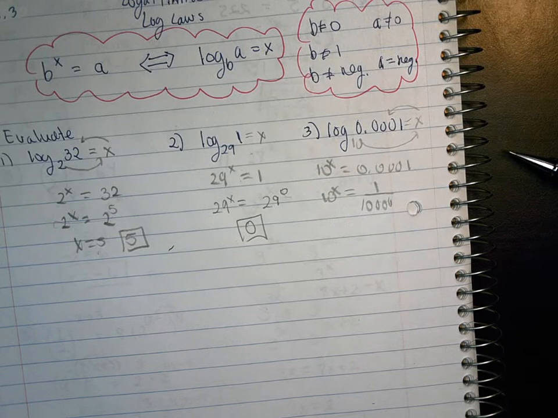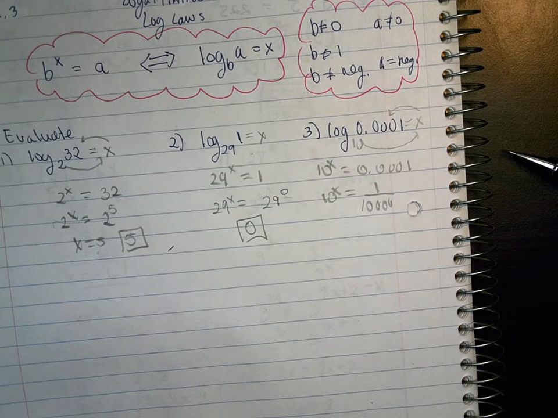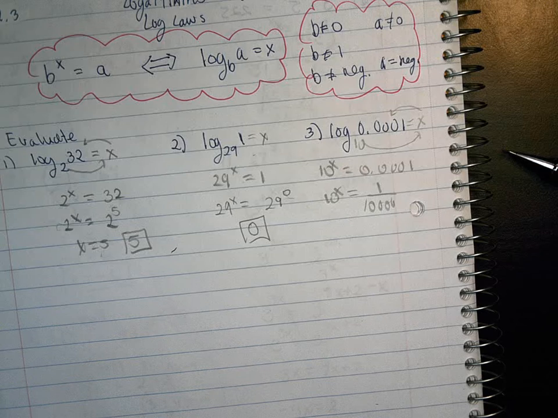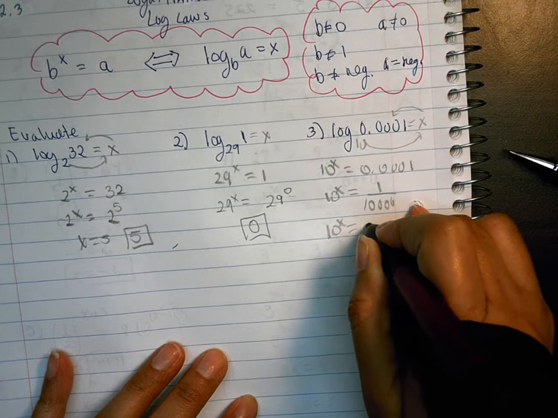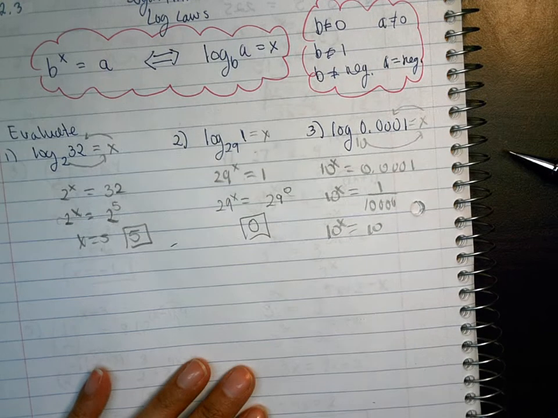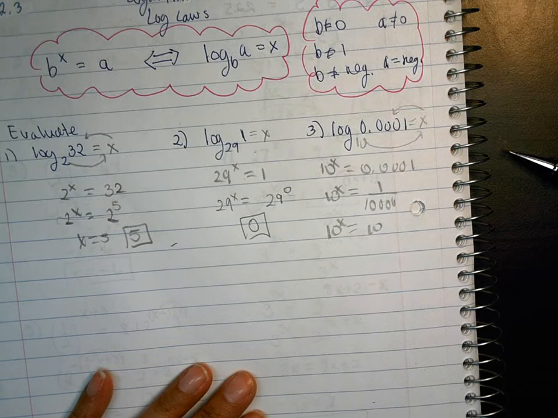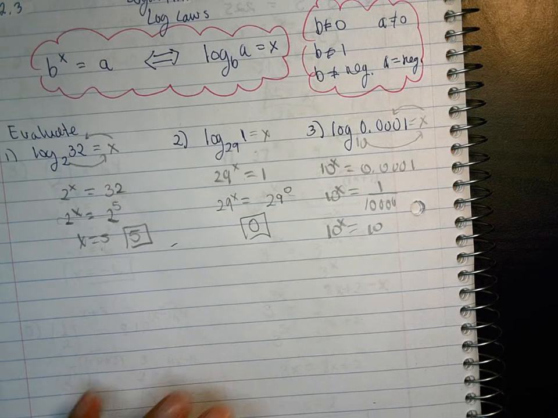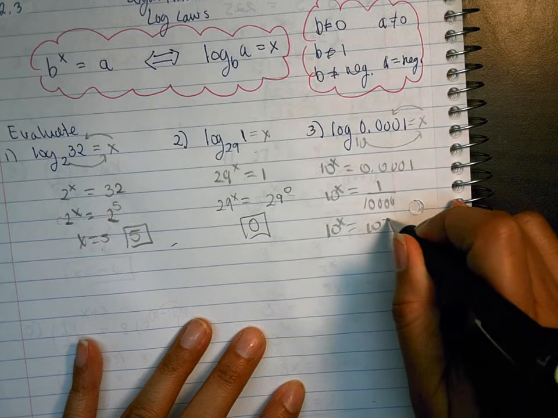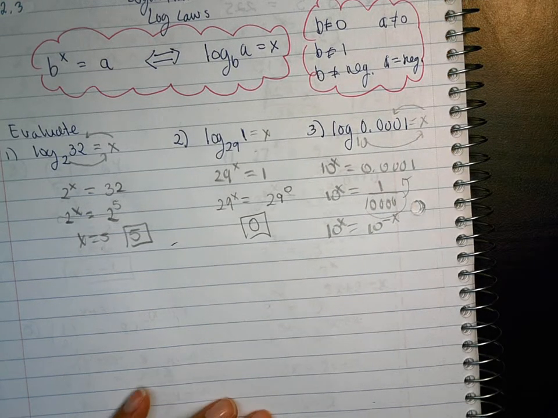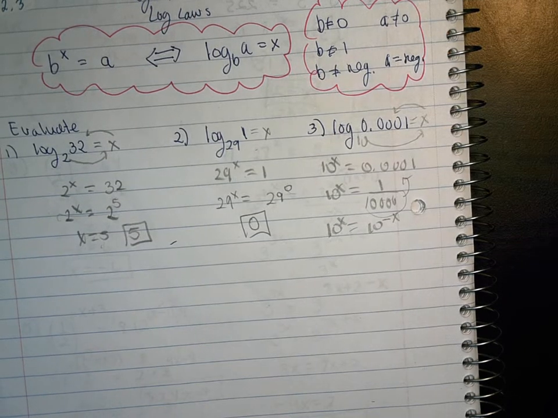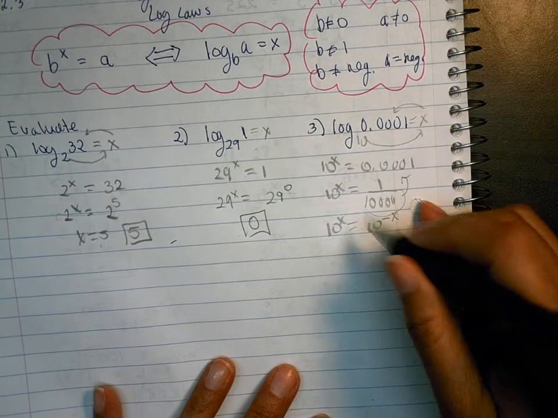Then I bring it up with a negative exponent. So 10 to the x equals 10 to what power? Count your zeros. How many zeros are there? 4. So is it 10 to the 4th or 10 to the negative 4th? Negative 4th. Why? Because I'm moving this up to the top and it makes it a negative exponent. Drop your bases. What does x equal? Negative 4 is your answer.